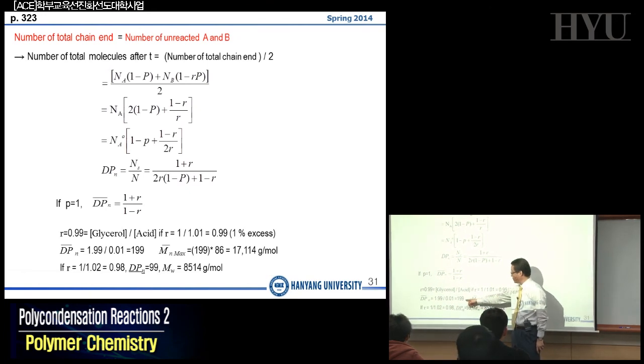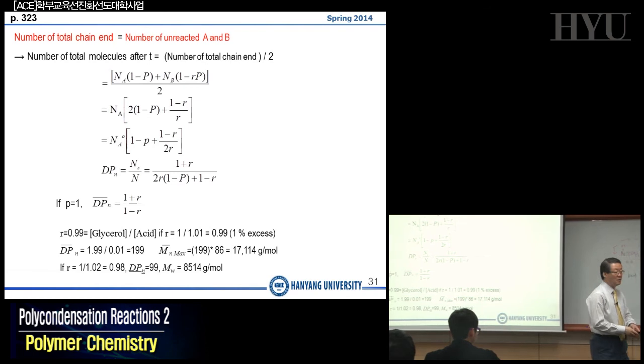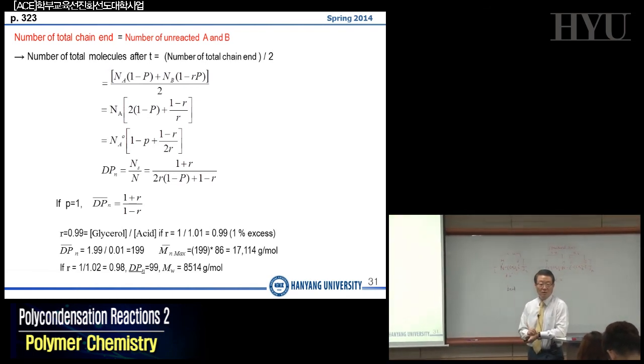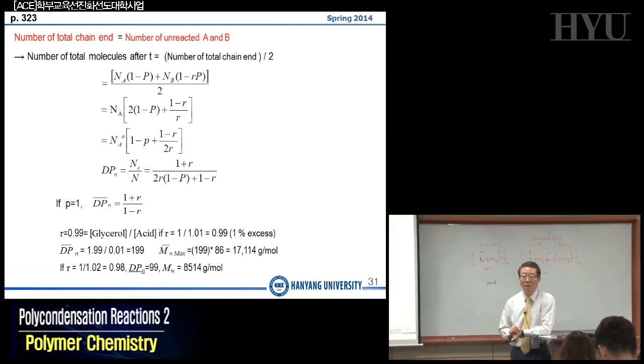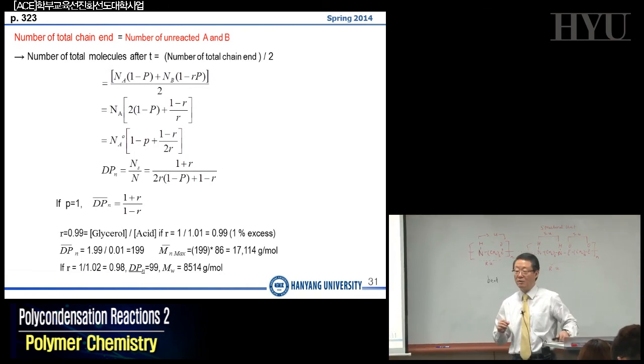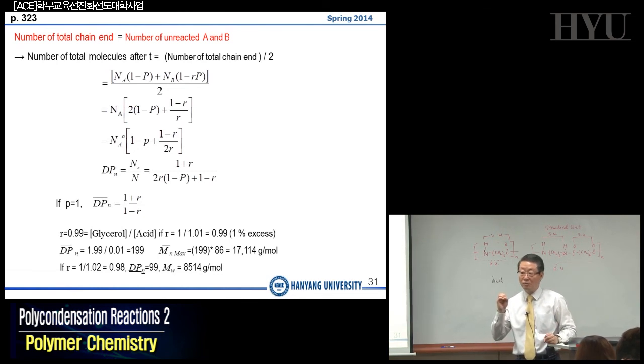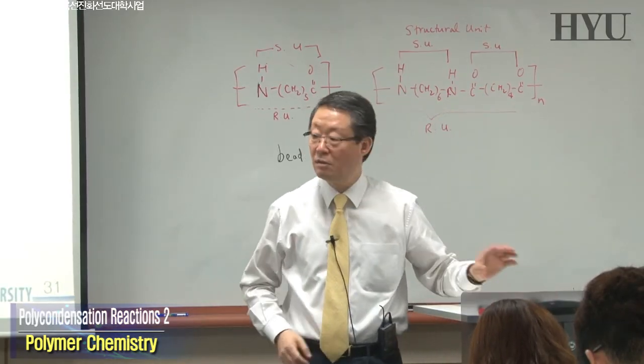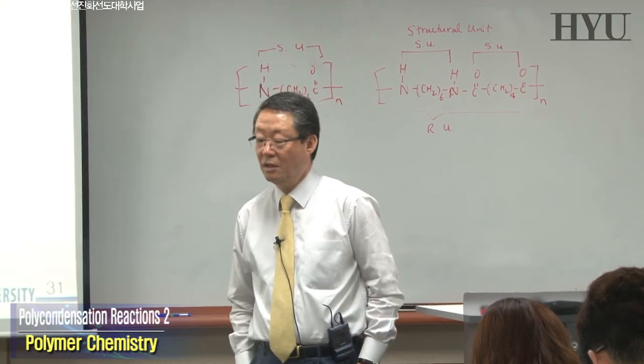A 1% excess will give you about 200. 0.5%, of course, will be about 400 or something like that. So you can control the molecular weight by using non-stoichiometry, meaning that you put an excess amount of one monomer into your reaction system. You can very easily control your molecular weights. Okay, this is what I can say in English.